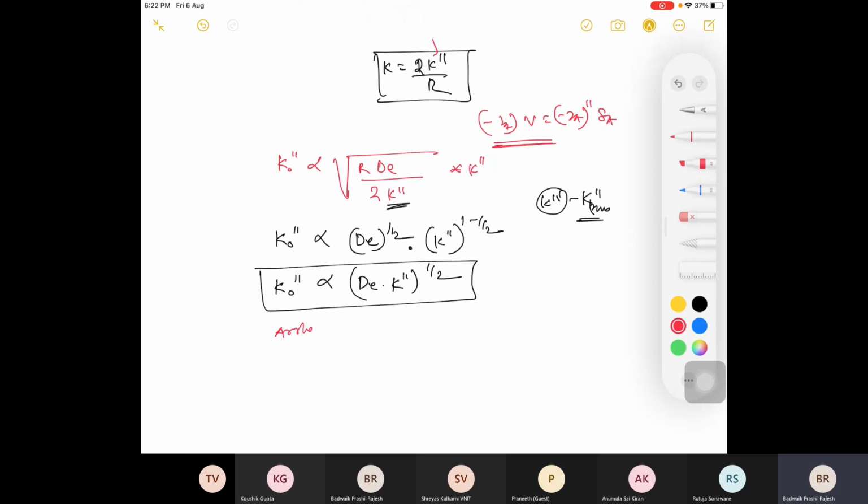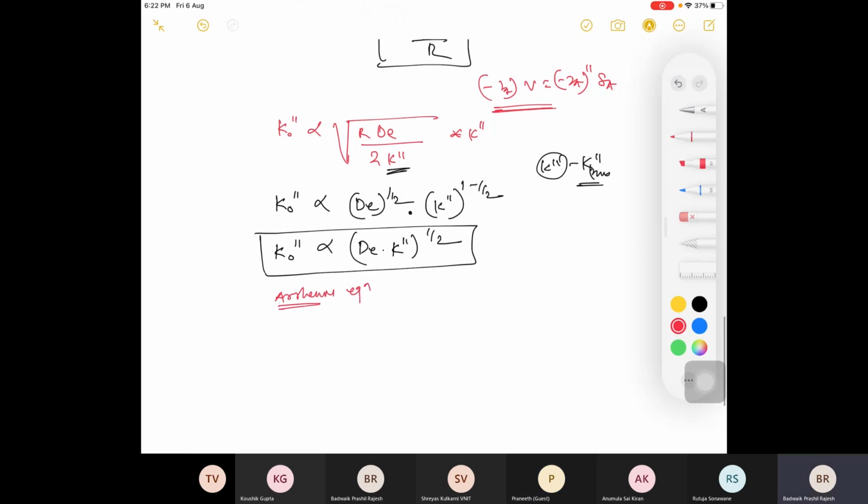Now using the Arrhenius equation, you will have K naught 1 e to the power minus E observed divided by RT, and it is directly proportional to diffusivity. I'm also writing in terms of the Arrhenius equation.